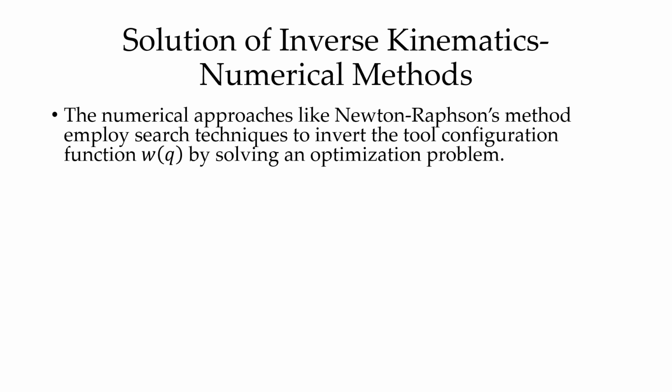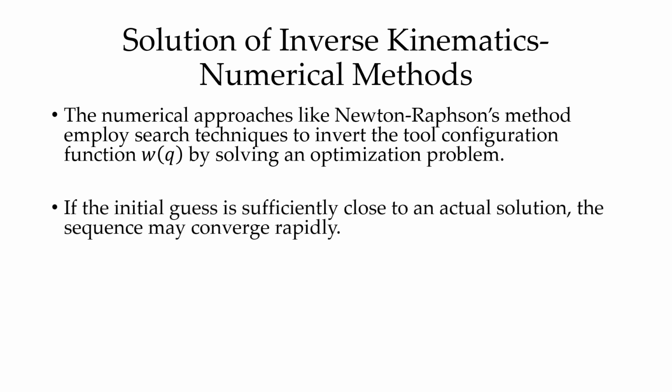Basically, numerical methods are all kind of optimization problems where we will define some kind of cost function, and we will be seeking to reduce that in each successive iteration, and that depends on the initial guess also.